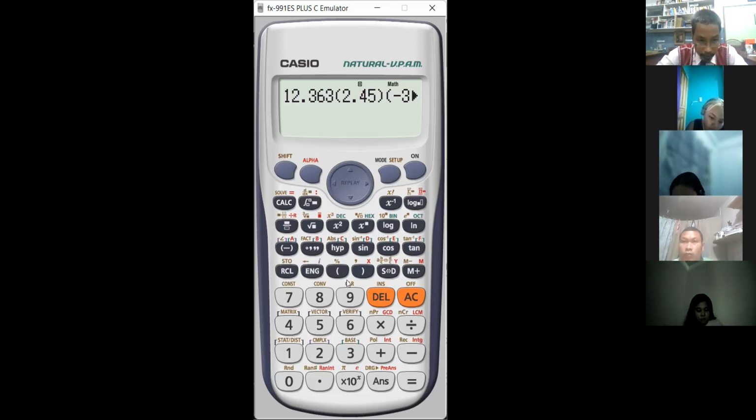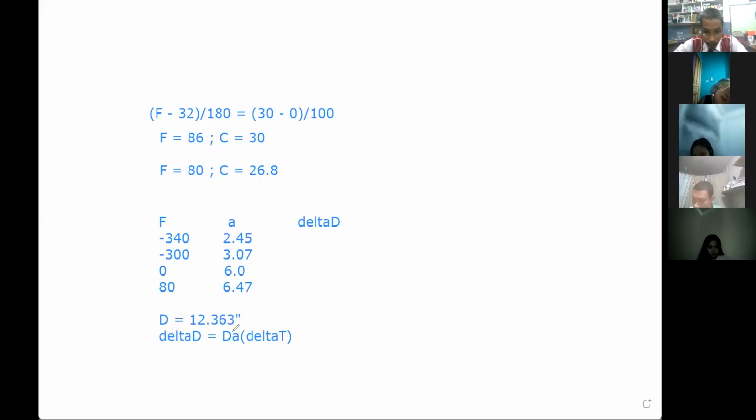If you hit the equal sign... Okay, I will go back and forth with the whiteboard. This is our whiteboard. So we are just following this formula here, with this value of D substituted here, and then the value of alpha from the table here.